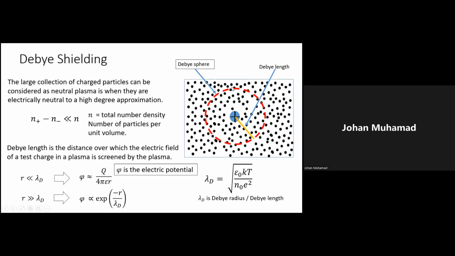So that is the definition of the Debye sphere. And the radius of this Debye sphere, we call it the Debye length.